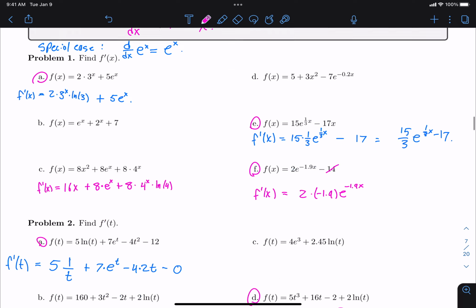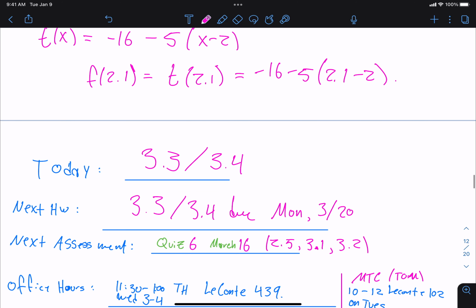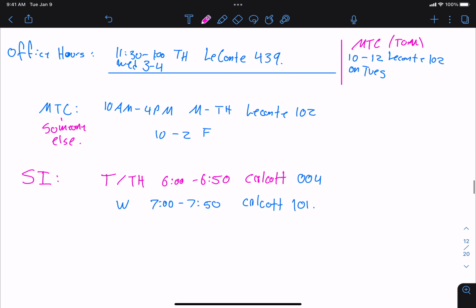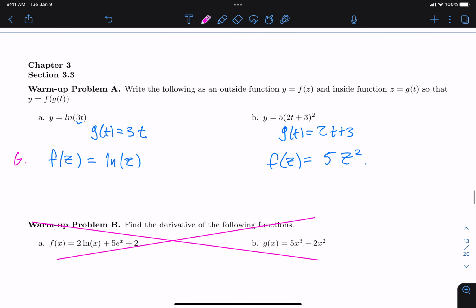All right, let's learn a new rule. So last time we did this example from the start of section 3.3 where we did this sort of reverse composition problem, okay?